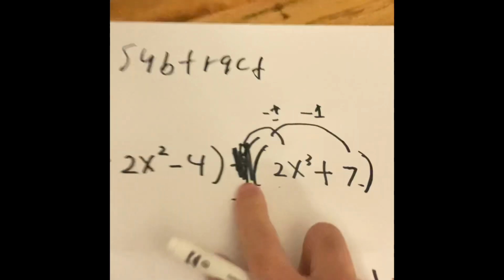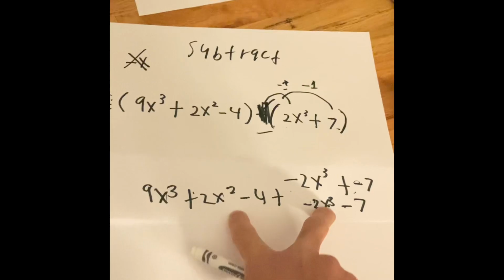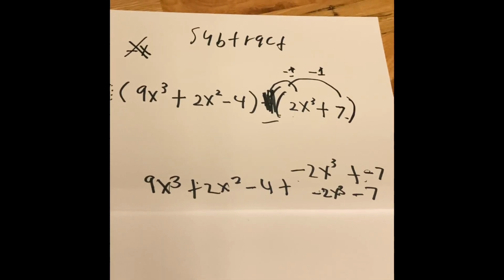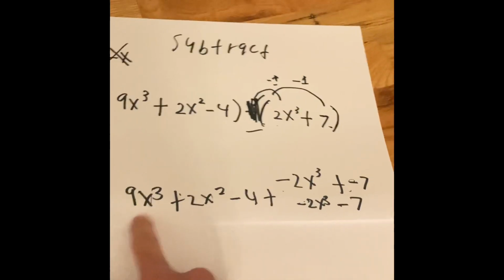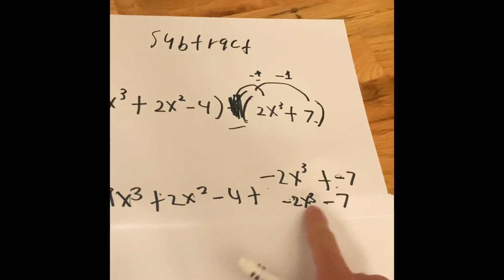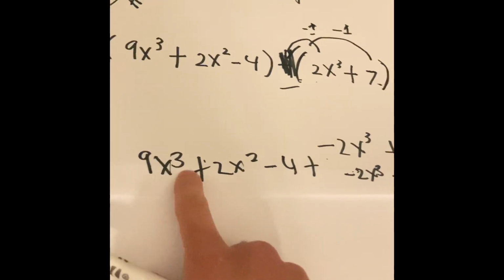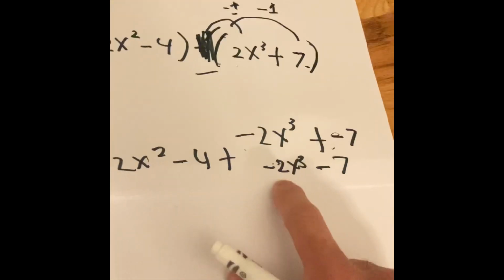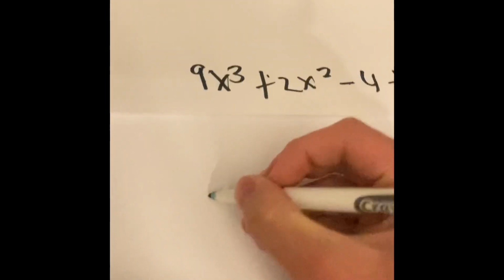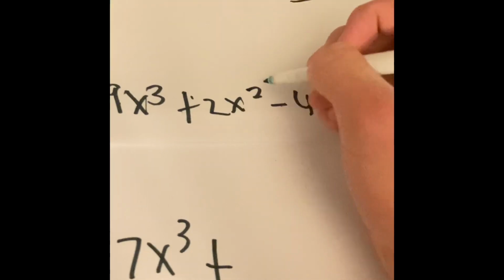Since we already put a subtraction symbol in there and made a new equation, now we have to combine the two. Combining the two is actually easy as pie. Combining like terms: that will be added with that, that will be added with nothing because there's no exponent of 2 on the other side, but this will be added with that. So 9x cubed added to negative 2x cubed gives 7x cubed, plus 2x squared.